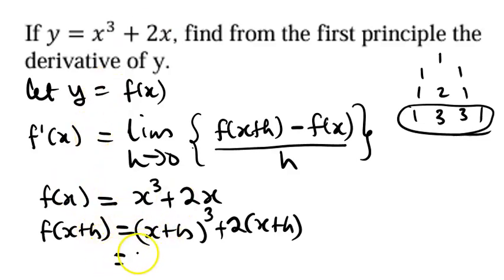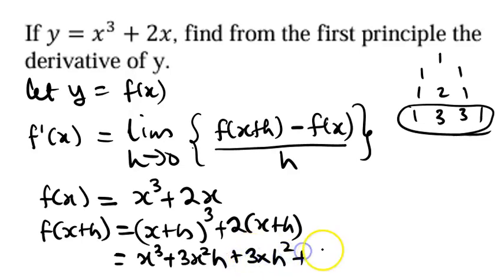Okay, so let's expand this. When we expand, we are going to get x cubed plus 3x squared h plus 3x h squared plus h cubed plus 2x plus 2h. So let's substitute them in the formula. This is equal to the limit as h tends to 0.